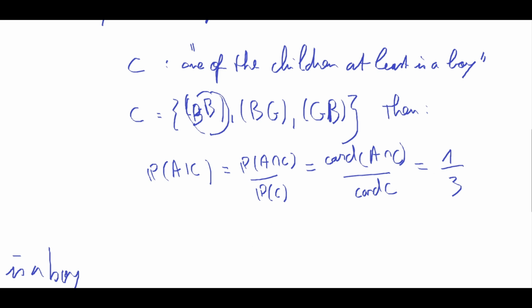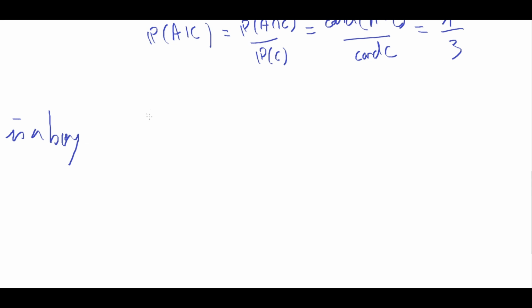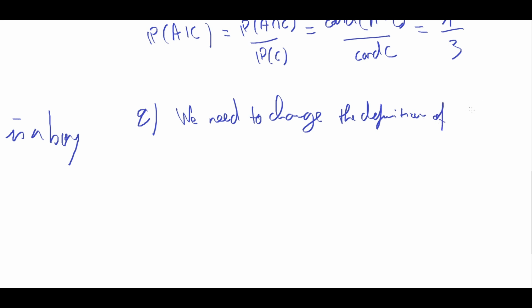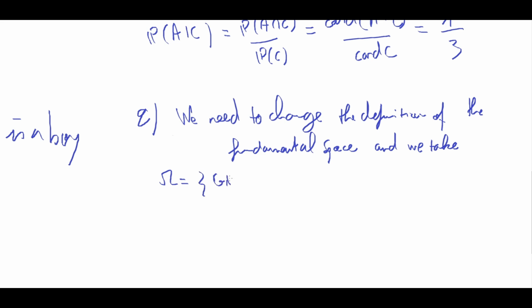Now, if you want to be very meticulous for the second question, you need to change the definition of the fundamental space. We're going to take, for instance, omega equals girl, boy times 1 half.